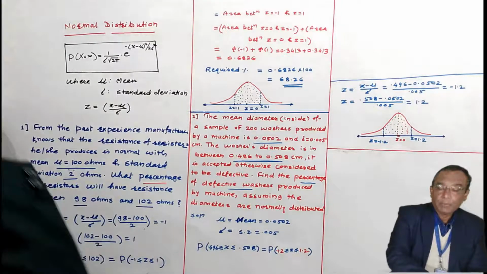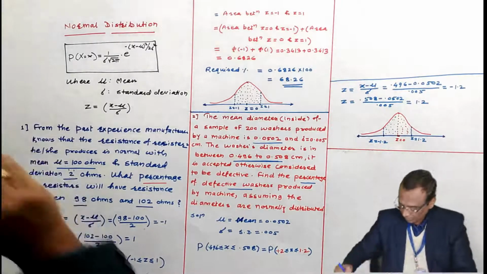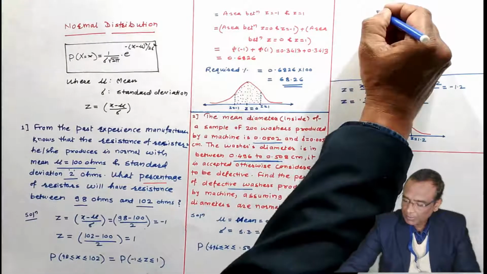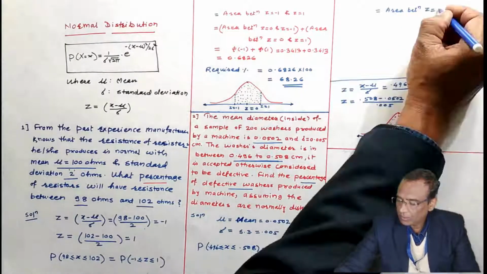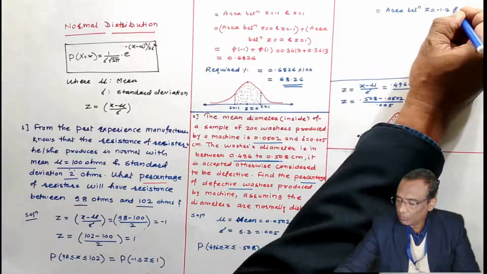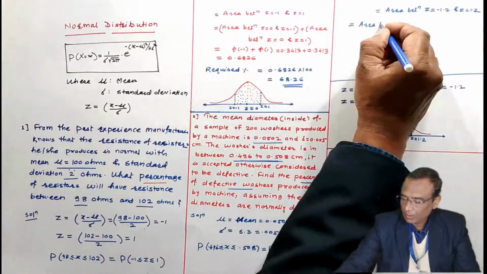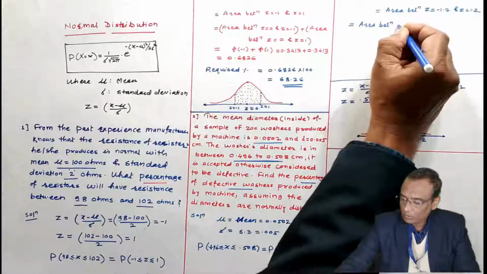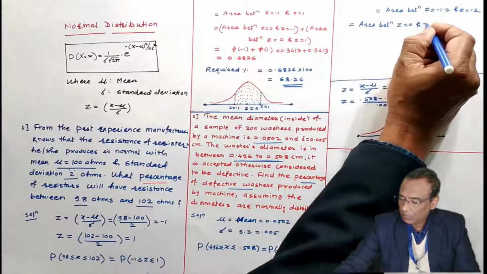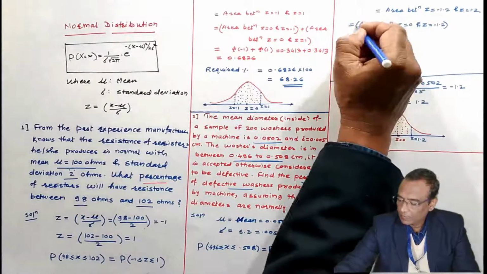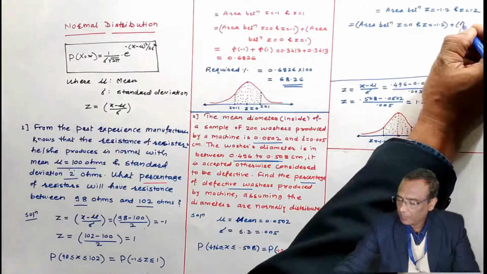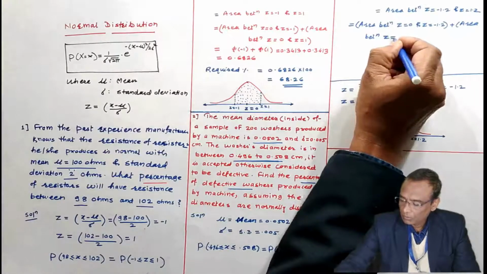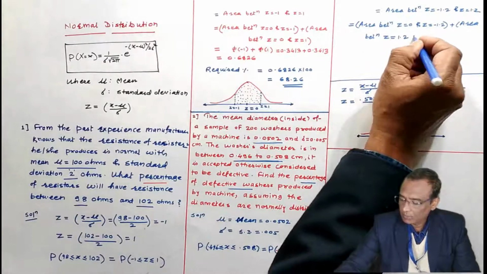As with the previous one, this is equal to the area between Z equal to minus 1.2 and Z equal to 1.2. Now this is equal to the area between Z equal to 0 and Z equal to minus 1.2 plus the area between Z equal to 0 and Z equal to 1.2.